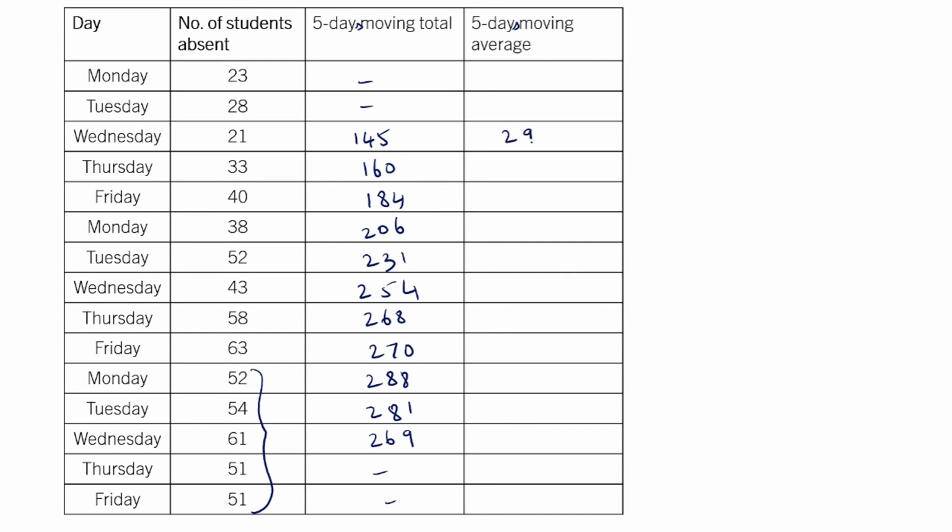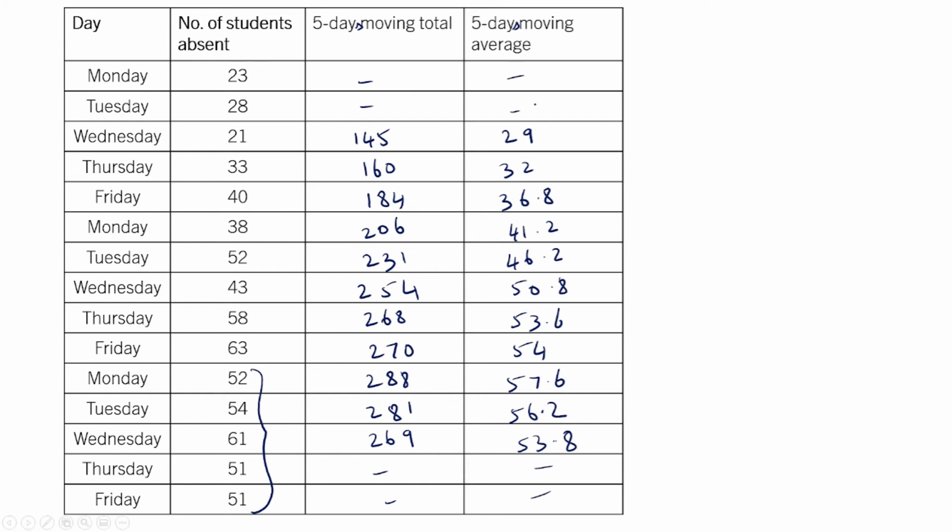So 145 by 5, 29, 160 by 5, 32, 184 by 5, 36.8, 206 by 5, 41.2, 232 by 5, 46.2, then 254 by 5, 50.8, 268 by 5, 53.6, then 270 by 5, 54, 288 by 5, 57.6, 281 by 5, 56.2, 269 by 5, 53.8.